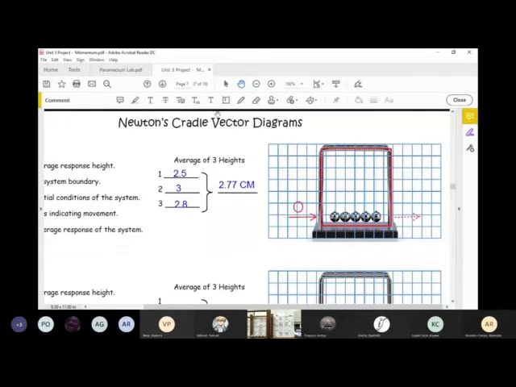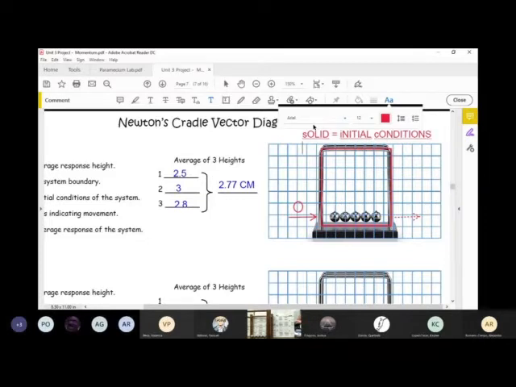Whatever we do, don't you think we should probably make a key up here? So let's see, I'm using red, so I better change it to red. And I want to say solid equals initial condition, dotted equals response conditions. So if you want to use green and orange, I had my caps on.